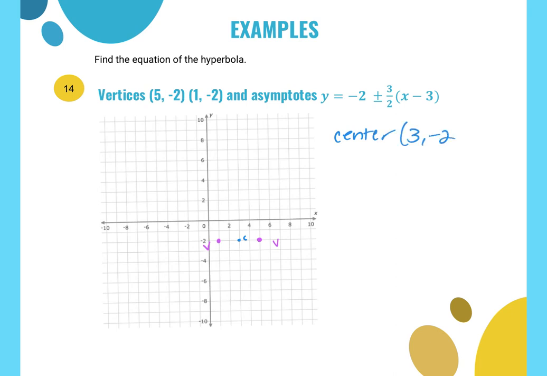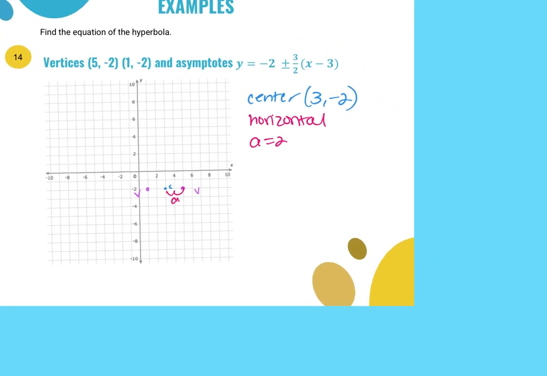It's halfway between those two vertices. It's horizontal. And A is 2, good. So I now have x minus 3 squared over 4 minus y plus 2 squared over something equals 1. That's the only part I know so far.